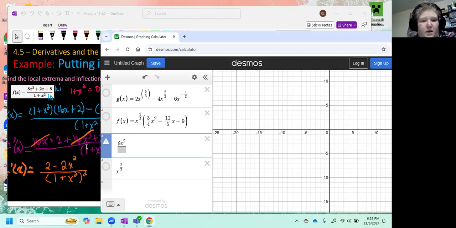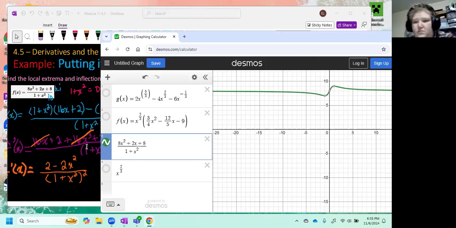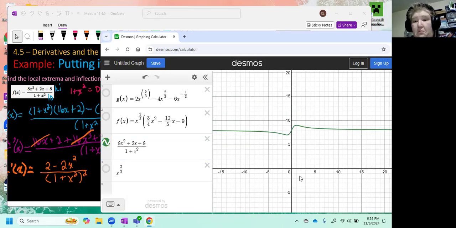8x squared plus 2x plus 8 over 1 plus x squared. Oh, I guess it did flatten out, huh?